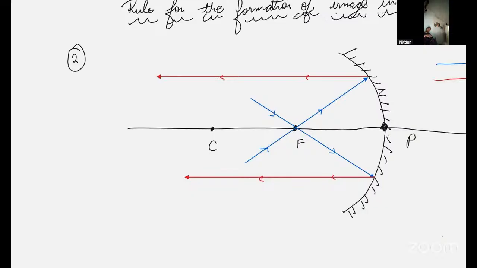If a line goes through focus, after reflection, it will go parallel to the principal axis in a concave mirror.